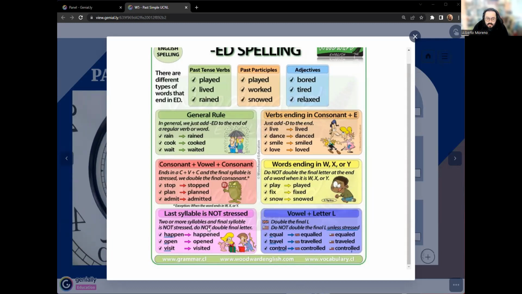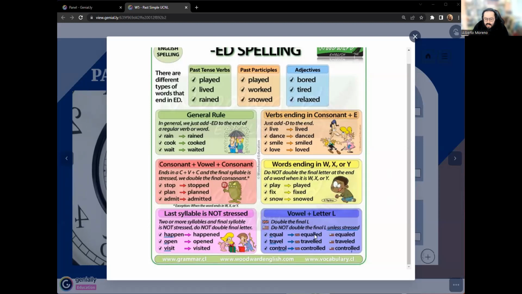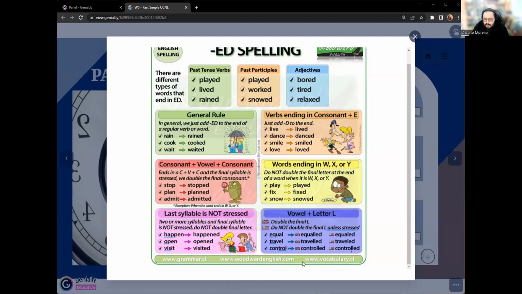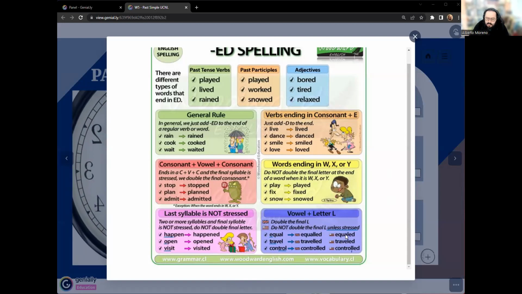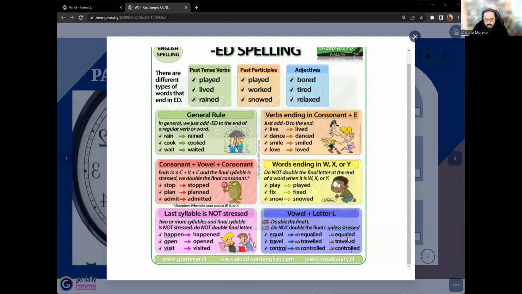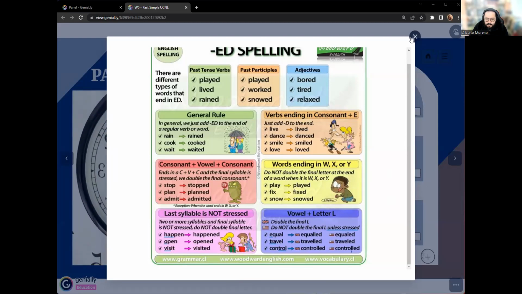When the last syllable is not stressed, like in happen, open, or visit, we add just the ed ending: happened, opened, visited. And with the combination vowel plus letter L, in British English we double the last L, but in American English we only add the ed ending. So equal turns into equalled, or equaled, double L or just one L.